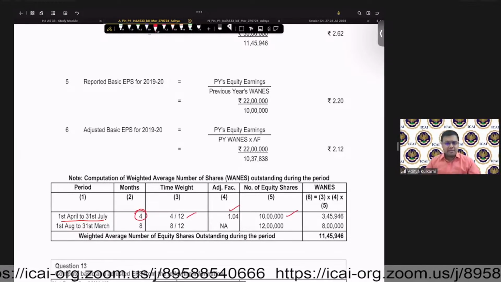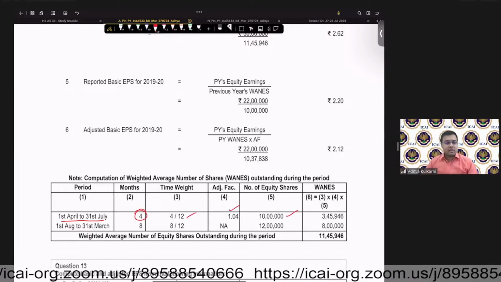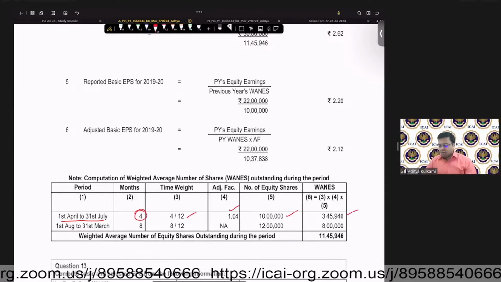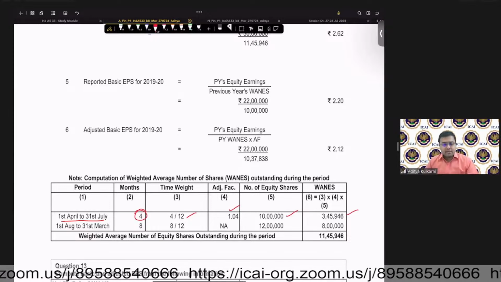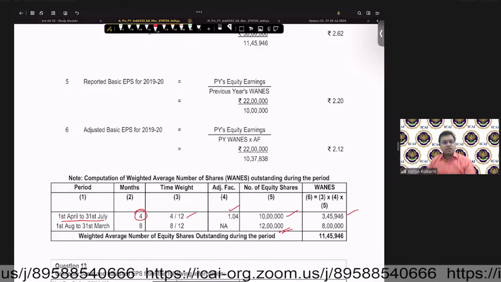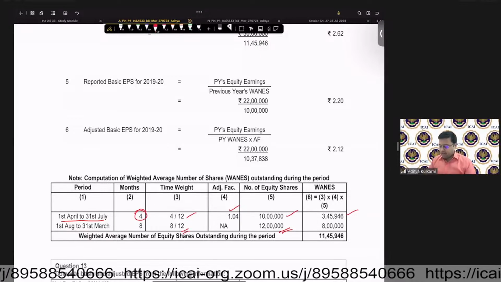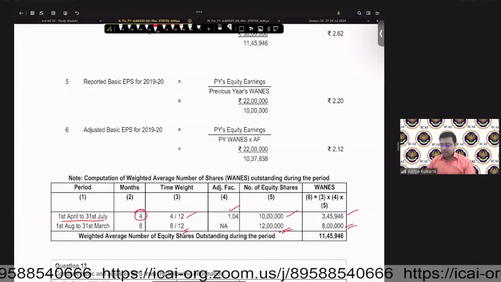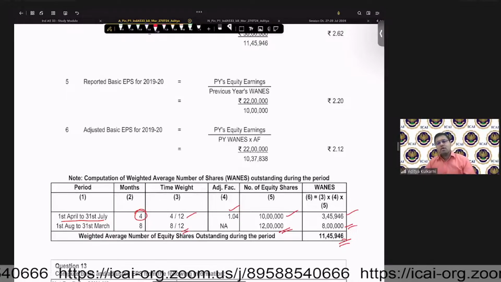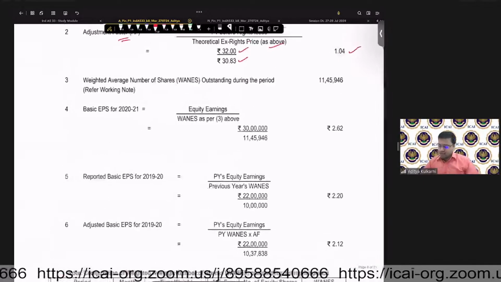There is a decimal, so I have written it without rounding off. So it comes to 3,45,946. After the rights issue, I have 12 lakh shares for a period of 8 months. So that comes to 8 lakhs. So 11,45,946 is your weighted average number of equity shares.